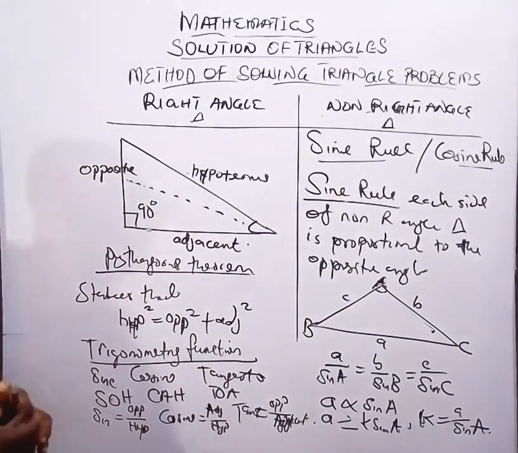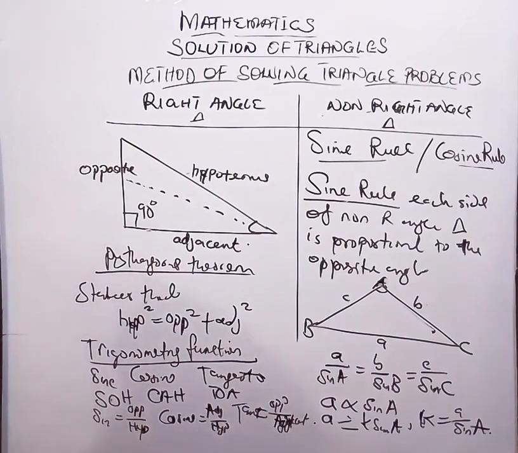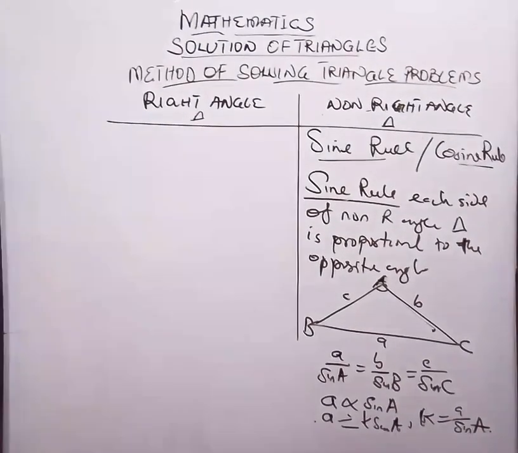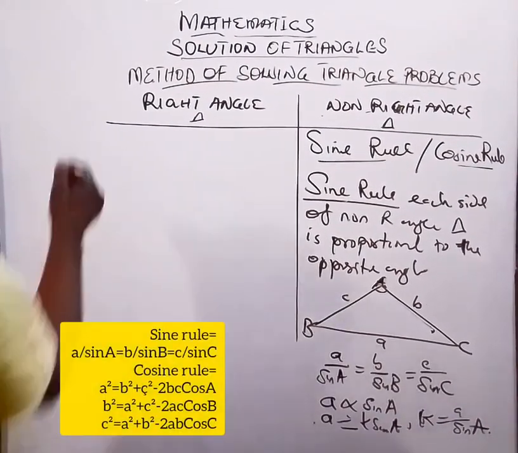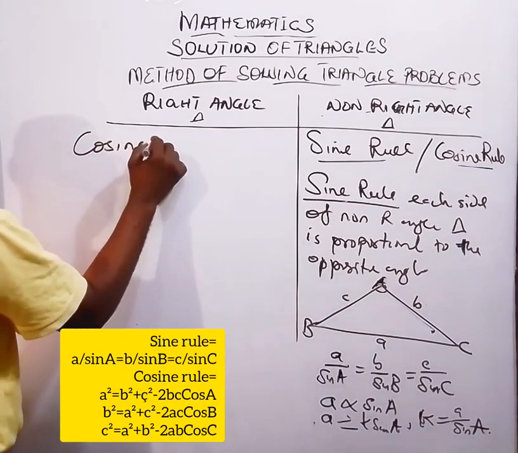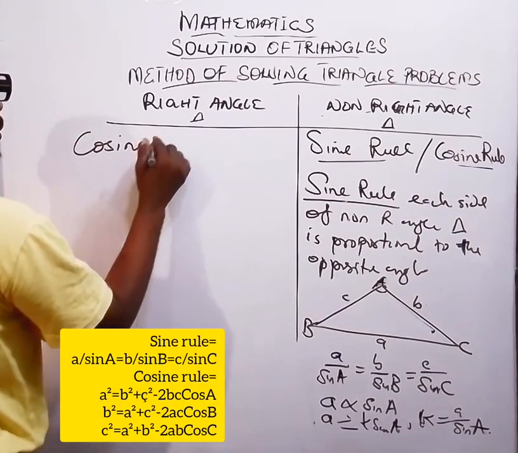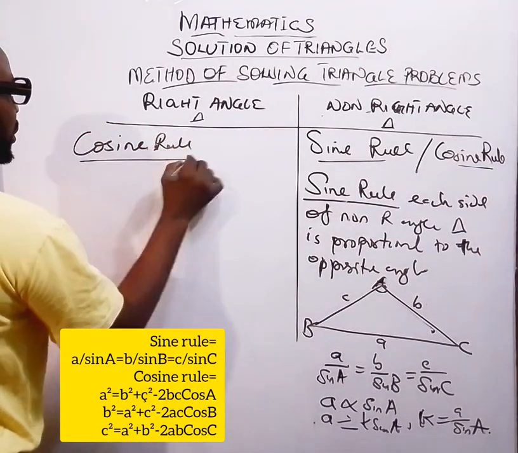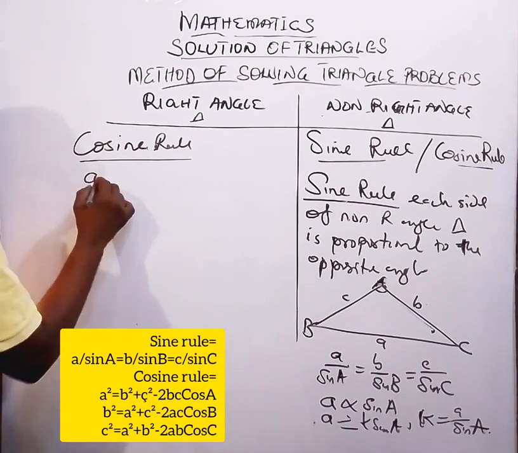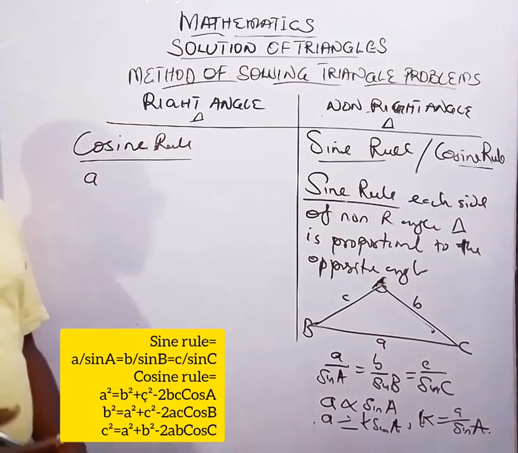Let's look at the cosine rule. The cosine rule is as follows. It is applied to a non-right angle triangle.